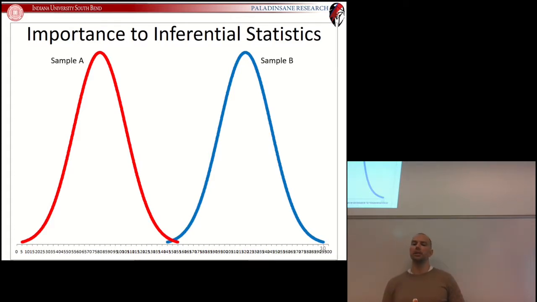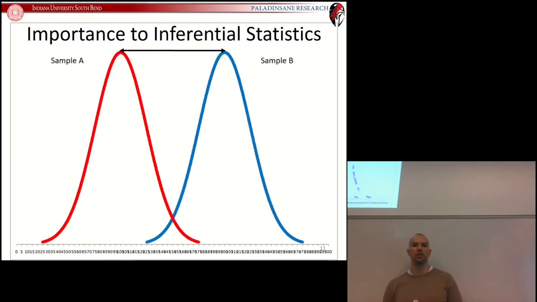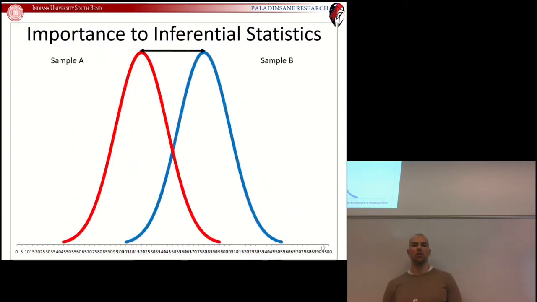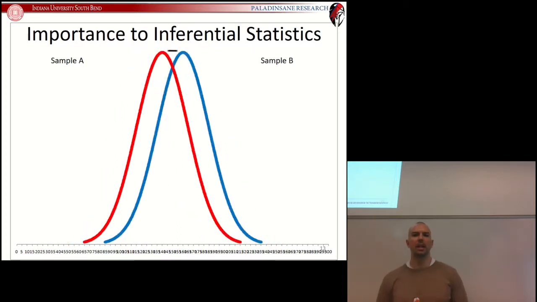Well, inferential statistics will take a look at the distance between those two sample means, and make a determination as to whether or not this represents a real difference. And that gets harder the closer those means are. The more overlap there is, the less certain you can be that that small difference between the means of these samples actually represents a real difference between these populations.